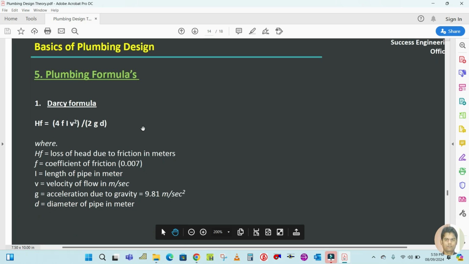Okay, so the next equation is the Darcy formula. From the Darcy formula we calculate the head loss.